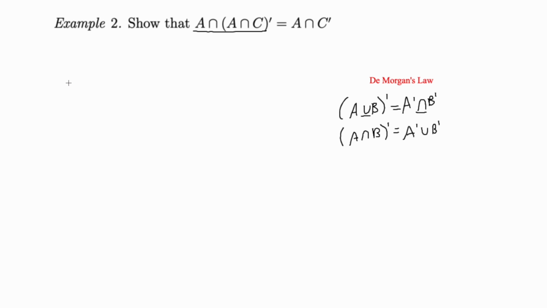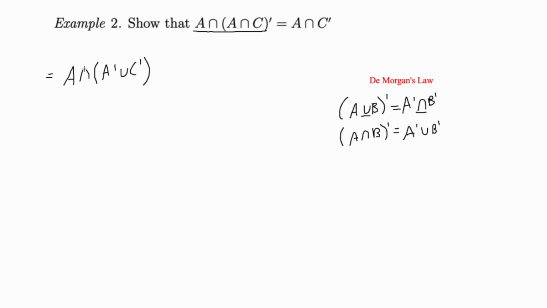So for the left-hand side, we get A intersection, we just leave that alone. Then we get A complement union, since it's intersection, we gotta change it to union, and then C complement.